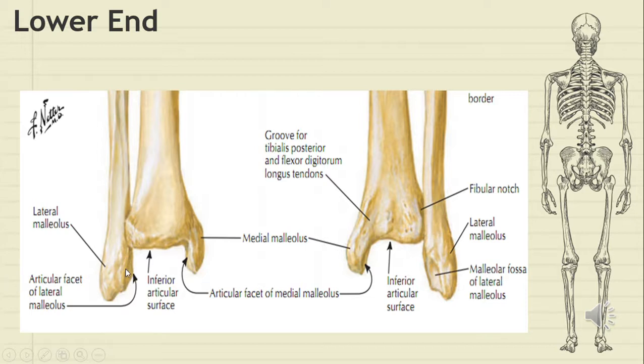This is the anterior surface of malleolus, and then we have the posterior surface. On the medial surface, anteriorly we have the articular facet for the ankle joint, and posteriorly we have a fossa called malleolar fossa, and the lateral surface is the subcutaneous part.